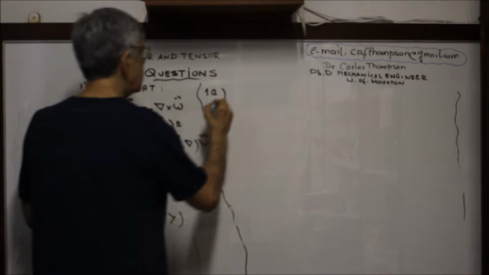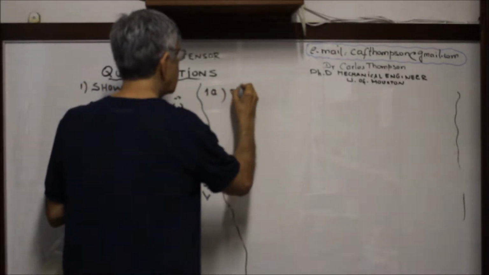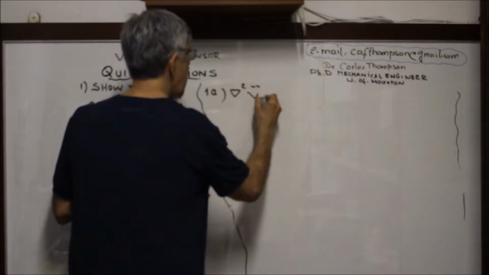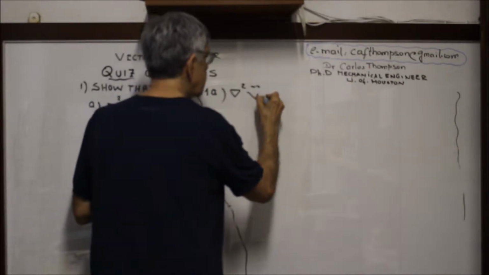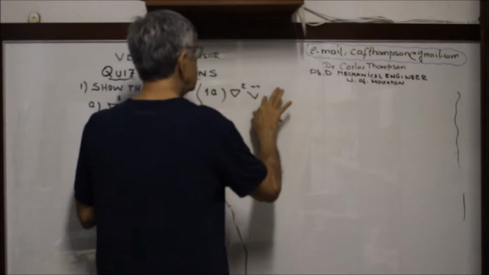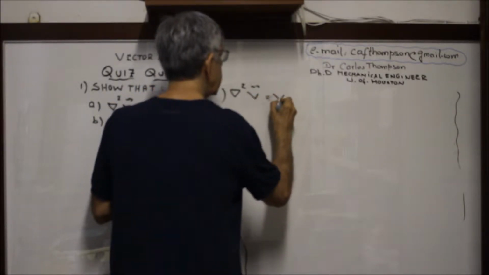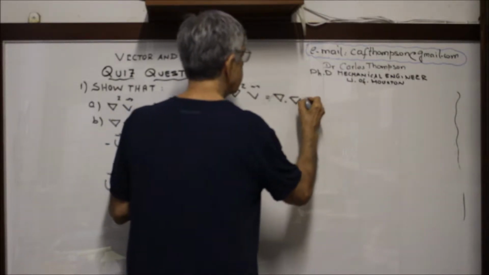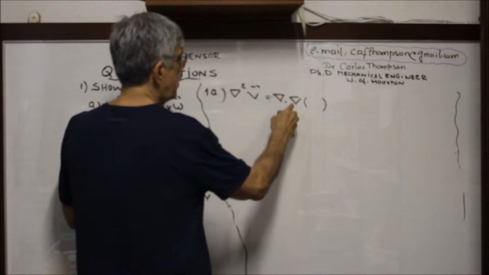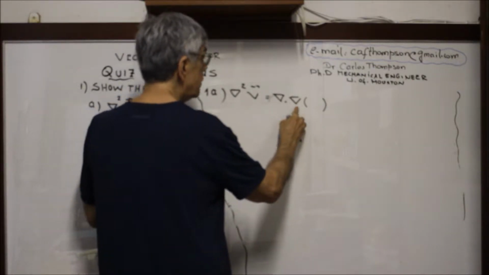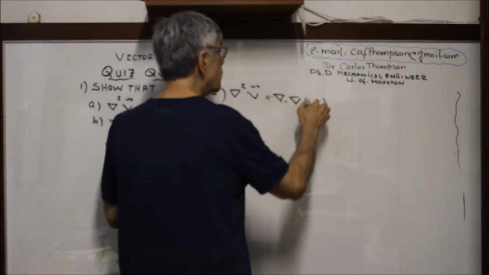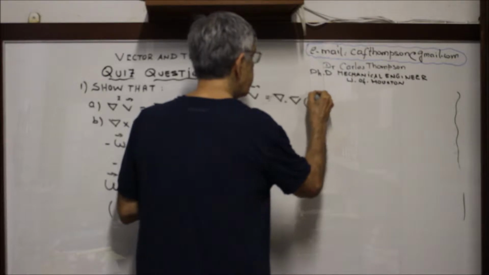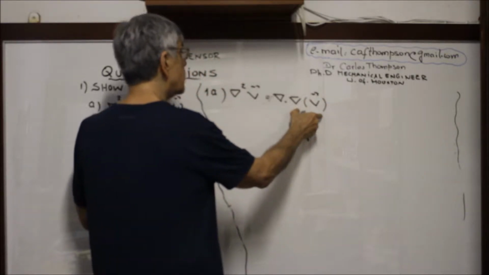So let's write this. Laplacian of V, I can write, you see, look, Laplacian is divergence of a gradient. Now, a gradient of a scalar is a vector; a gradient of a vector is a second order tensor.